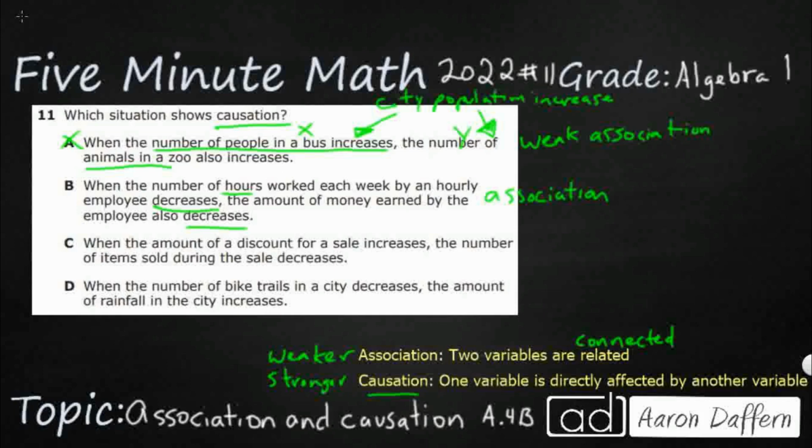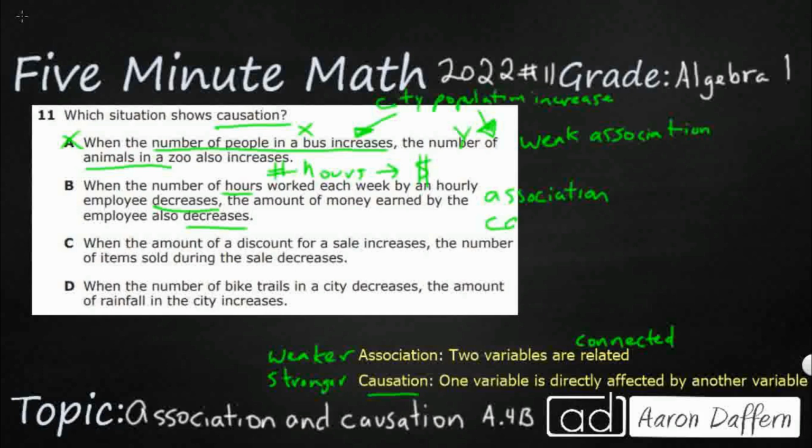But can we say that the number of hours directly causes the amount of money you get on your paycheck? Yeah, you can. It's the only thing that affects your paycheck, right? Unless you get a raise or you get a demotion and you lose money.